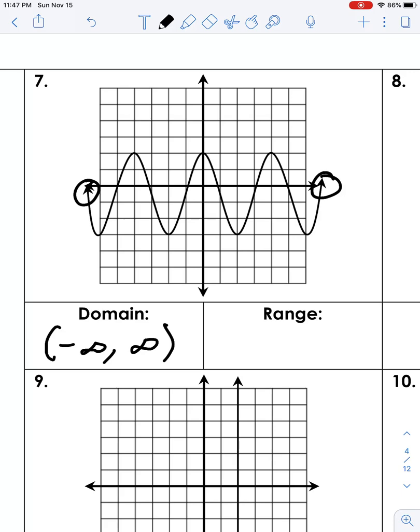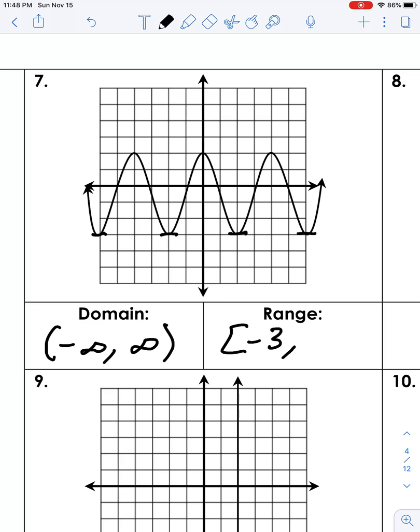Range. We actually do have a true low point at 4 different spots for our range. So count down to that. So that would be negative 1, negative 2, negative 3 would be our low point of our graph.